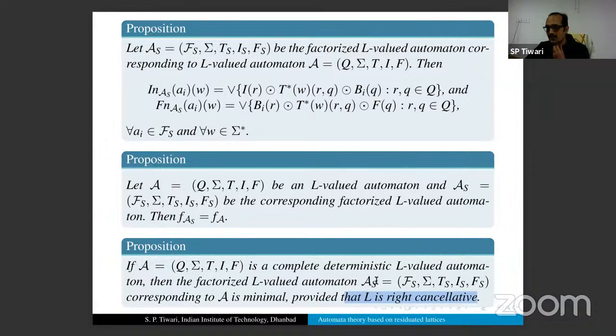So this is actually the answer whenever we are using this factorization concept and the concept of residuated lattices corresponding to an automaton. One can construct a minimal automaton, minimal in the sense that the constructed automaton will accept the same L-valued language, but will be minimal in number of states. So this is the power of residuated lattices.